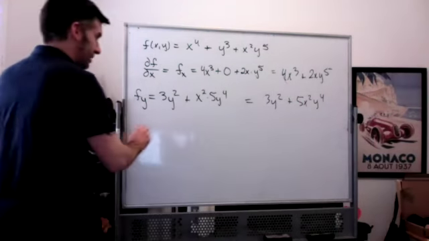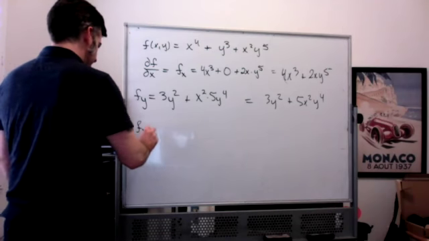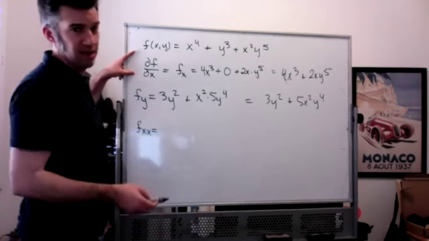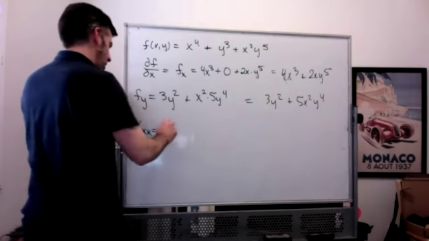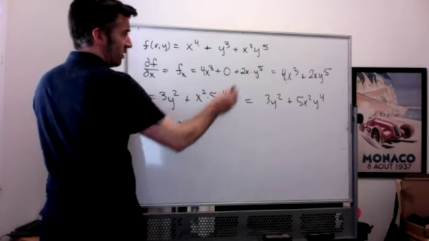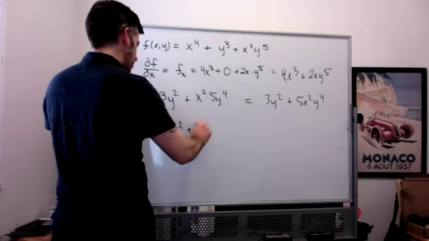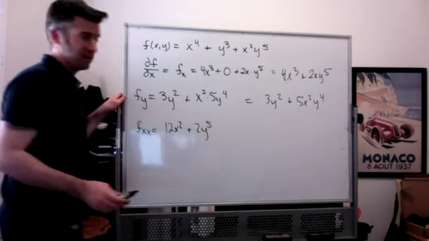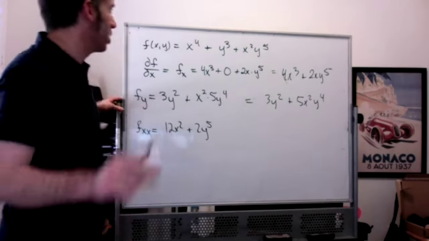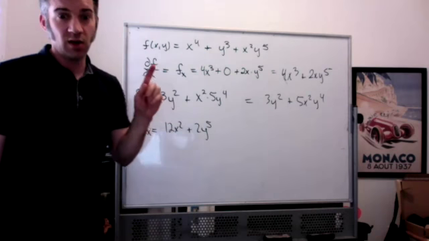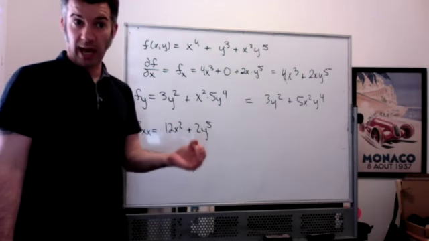Let's find fxx. So fxx, I'm going to take the partial with respect to x and differentiate with respect to x again. So the derivative of 4x cubed is 12x squared. The derivative of 2xy to the fifth is going to be 2y to the fifth. The derivative of 2x is just 2. Why did y cubed change to 0? Good question, because we are differentiating with respect to x.